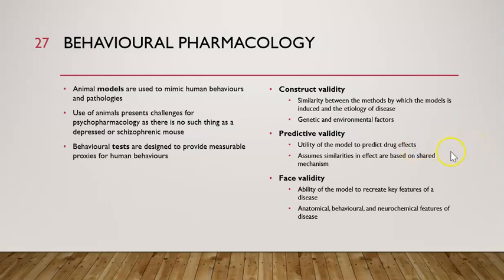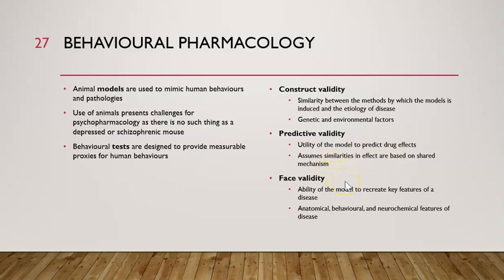If the effects are similar, it's good predictive validity. If the effects are different, that would be poor predictive validity, okay? This is, again, assuming that this effect is based on shared mechanisms, which, we wouldn't use it on an animal that doesn't have the same mechanism. So we just assume that.